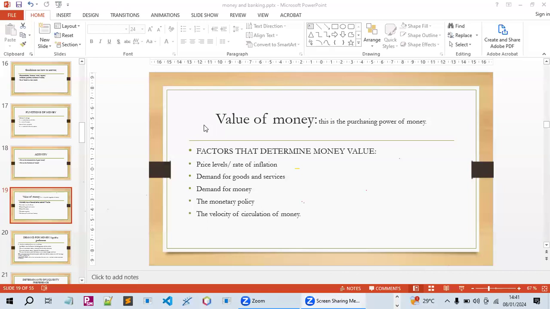That is to say, one denomination should be as good as the others. For example, a 1,000 shilling note should be the same everywhere you go. A 1,000 shilling note should be similar to all the 1,000 shilling notes used in the country. They shouldn't differ. It's the same paper notes.